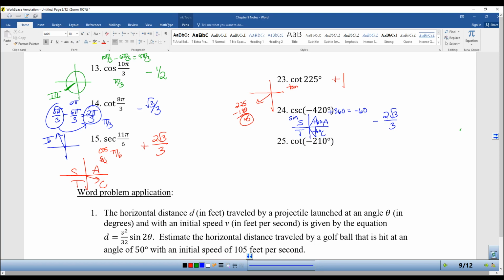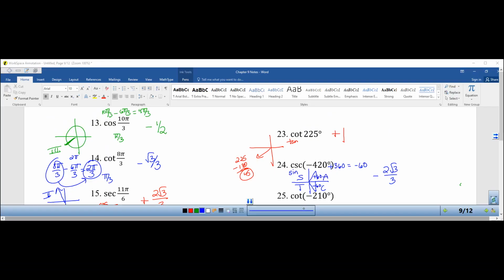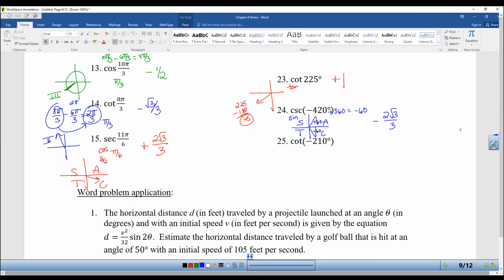And last one, negative 210. So again, I'm going to go counterclockwise past 180 until I get to 210. So if you want, you can add 360 to that and find the coterminal angle, which is 150.